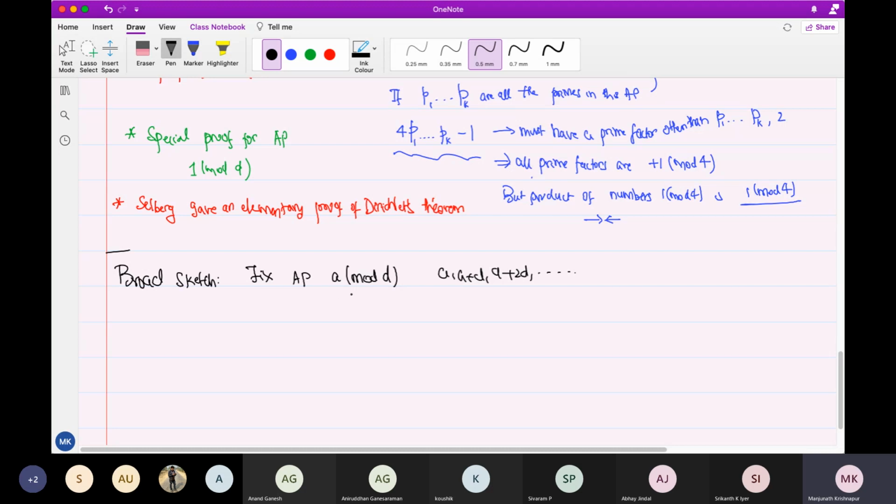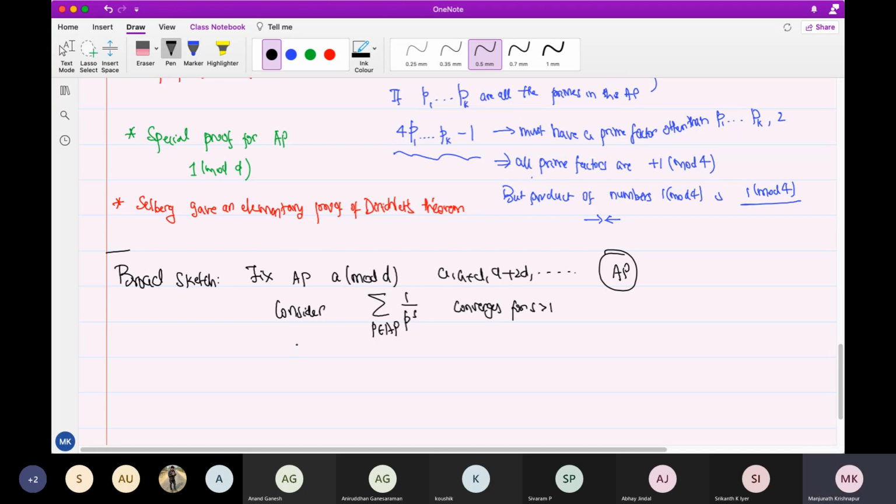So let us look at, so consider the sum of reciprocals of prime powers p^s, p in this arithmetic progression. So for me, arithmetic progression will mean this. Okay. So p in this arithmetic progression. So this will converge. Of course, this converges for s bigger than 1.